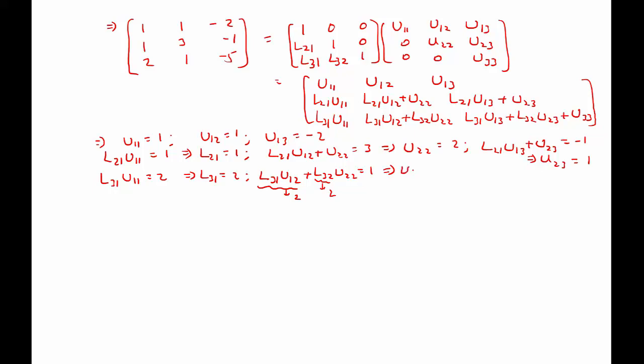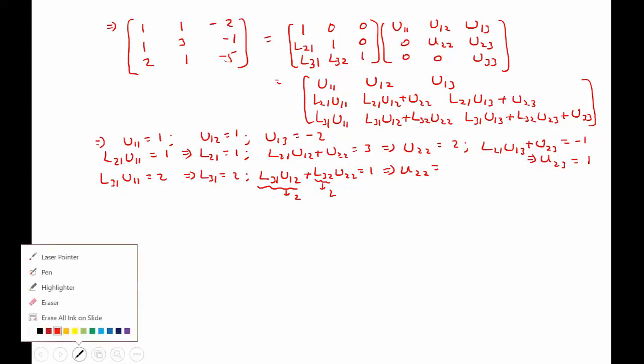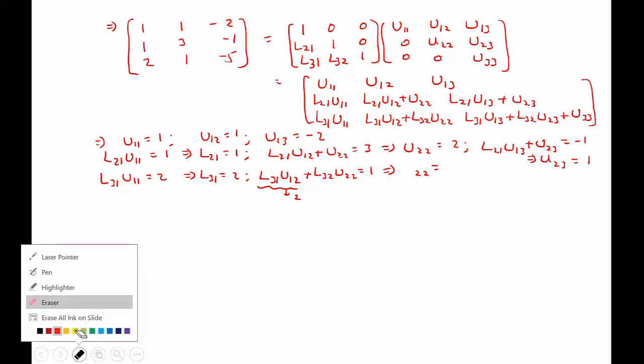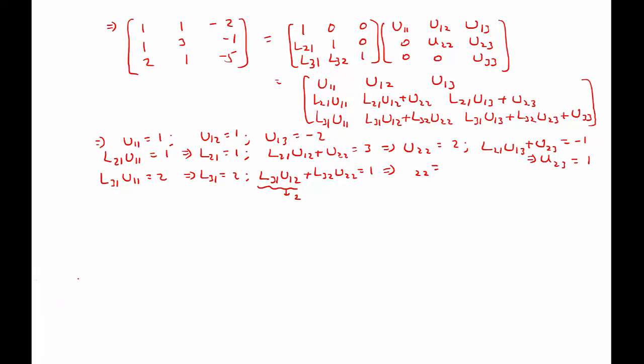So u22 value now becomes, sorry, u22 value 2 is given, L32 value we are going to find. This is 2. So L32 is equal to minus 1 by 2.